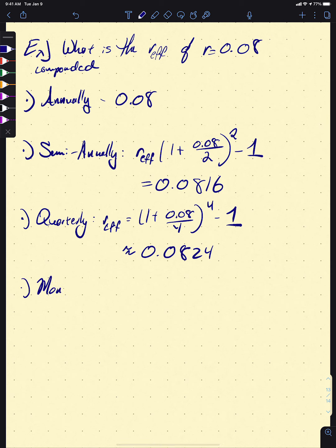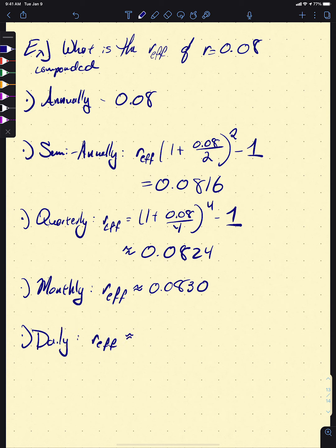And then, once again, for monthly, you guys can verify this on your own. My effective is about 0.083, and then daily, it's about 0.0833.